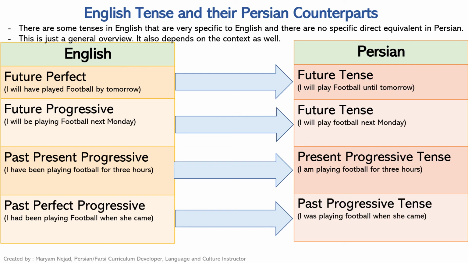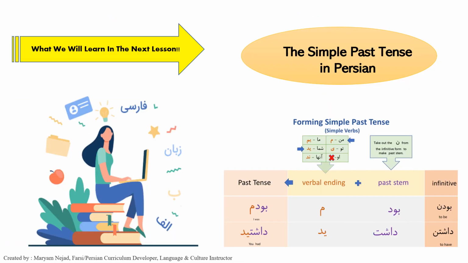That's why I told you a little bit earlier that tenses in Persian are a little bit easier than in English, because as you can see here, in English they're very distinct. In Persian they are less distinct and they overlap, and usually the time adverbs and the context make the tense more specific. Stay tuned for the next lesson because we are going to learn about simple past tense.